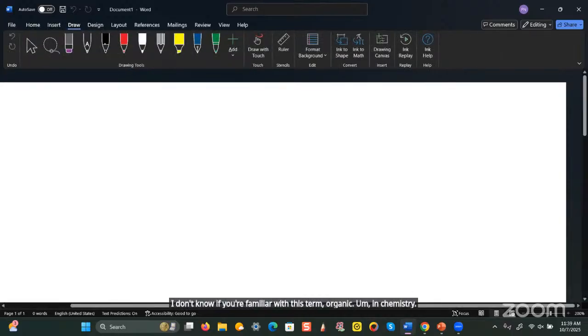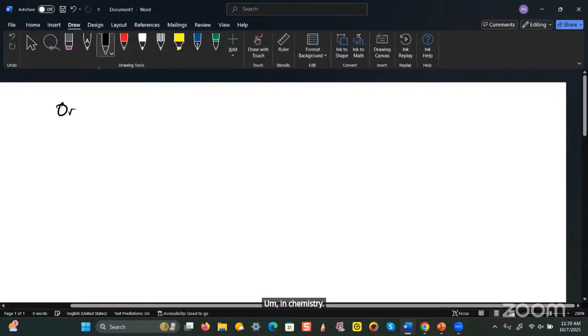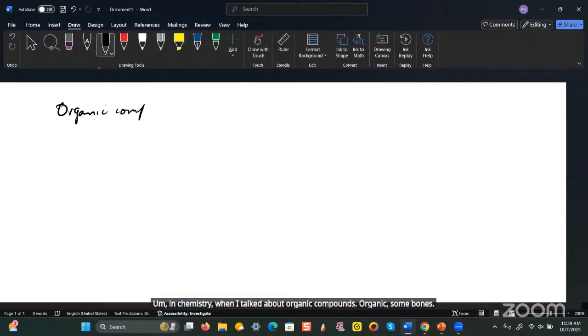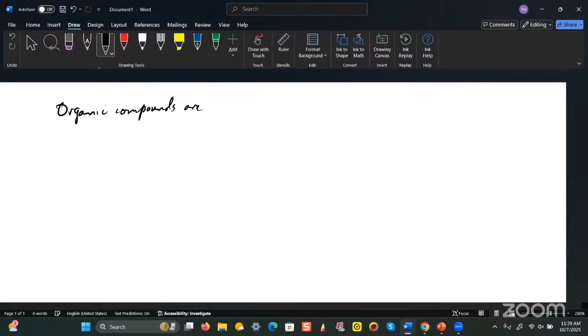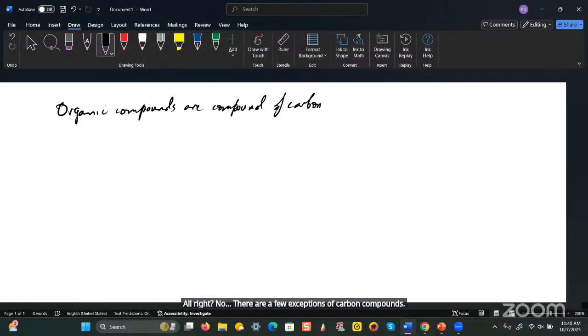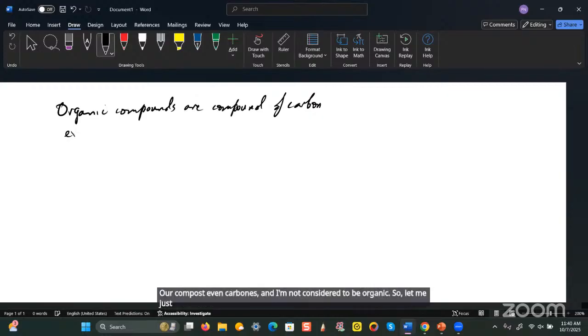In chemistry, when we're talking about organic compounds, organic compounds are compounds of carbon. All right, and that's a separate broad discipline of chemistry. All right, now there are a few exceptions of carbon compounds or compounds containing carbons that are not considered to be organic. So let me just make a note of those exceptions.